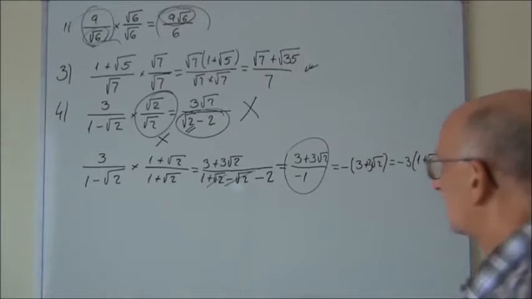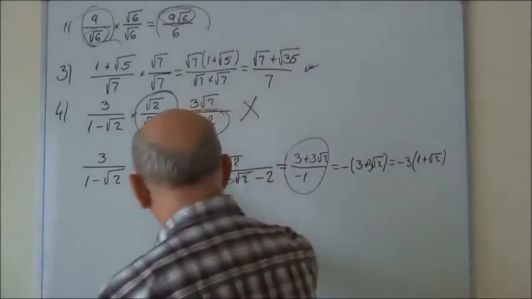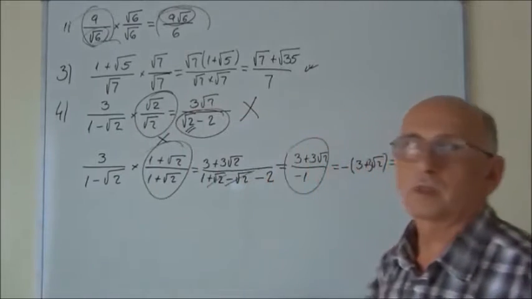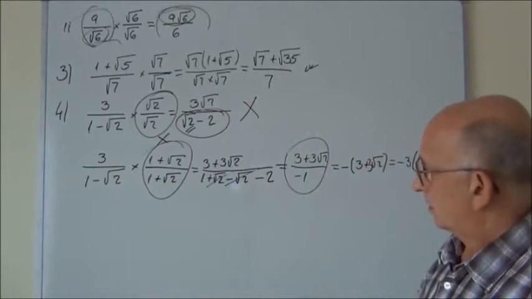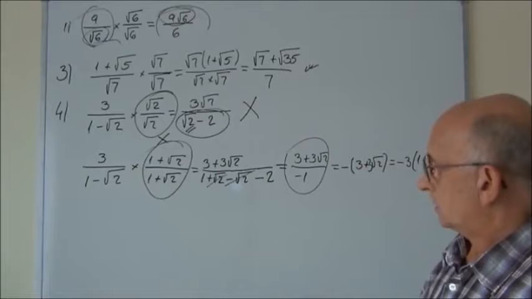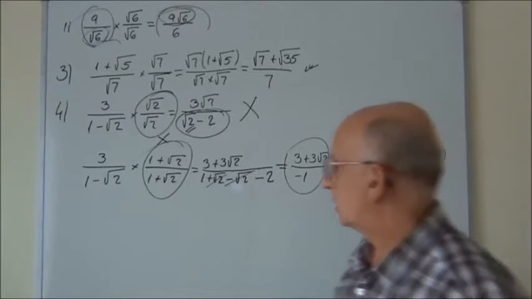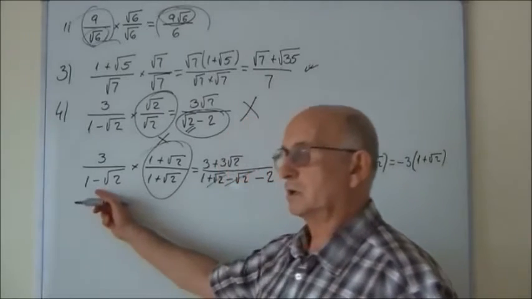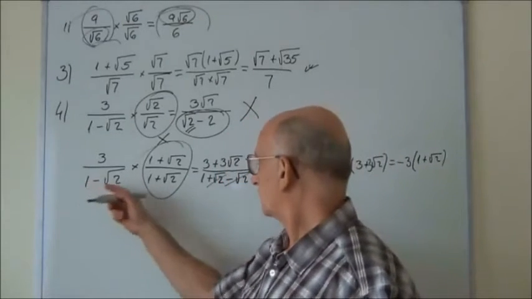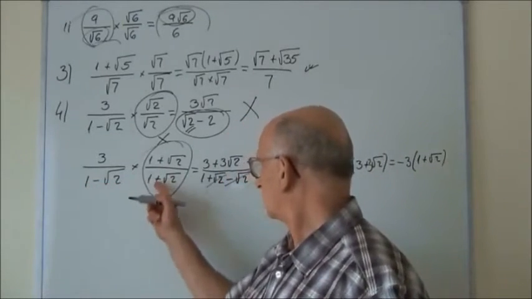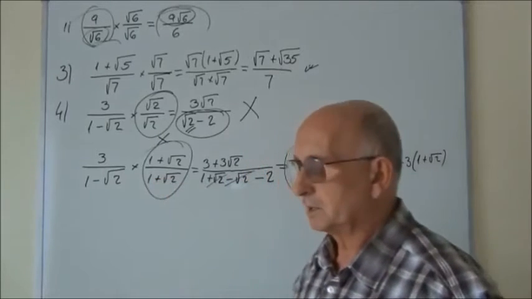So, what did we do here? We came to some conclusion that this denominator should be multiplied by itself, but with the opposite sign.